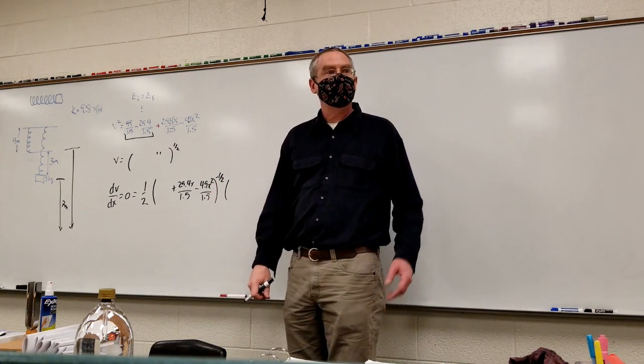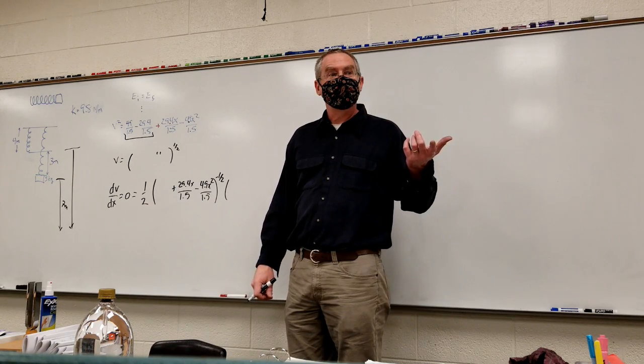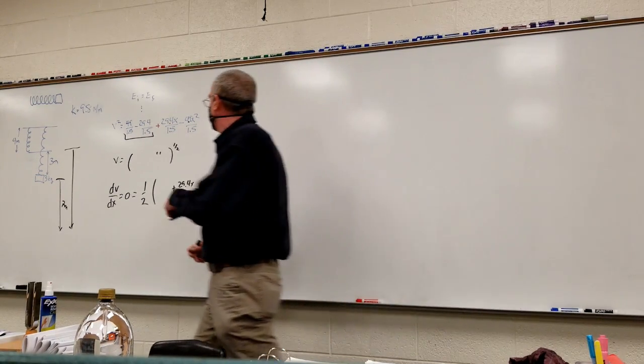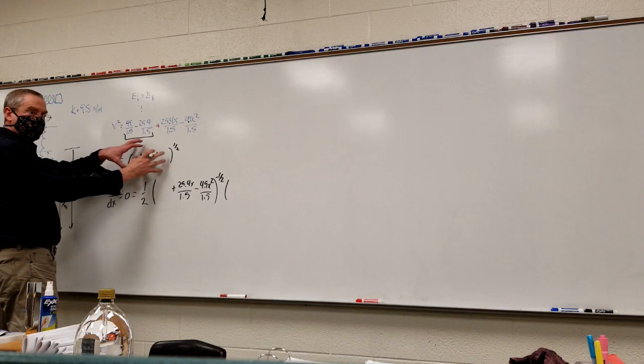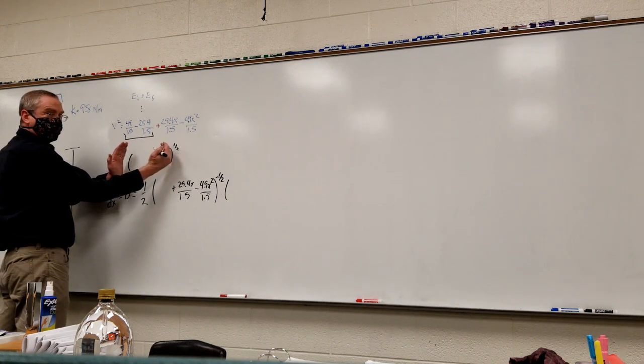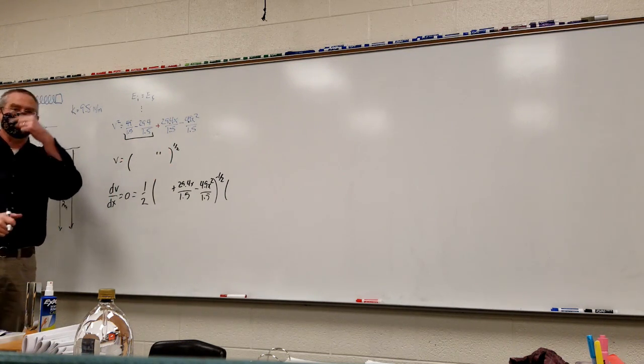Wouldn't it be 0 though? Pardon? If you take the derivative, wouldn't it be 0 since it's a constant? Because I have the square root here, I have to take the derivative of the square root first, and then the derivative of what's inside. Then that's when the 0 pops in.